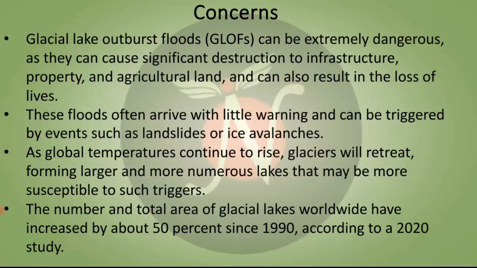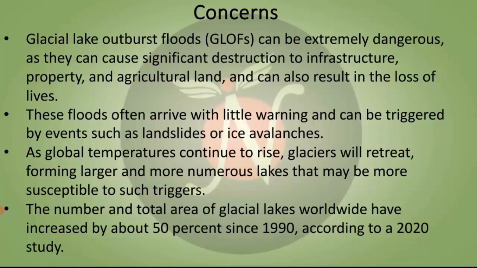Now, what are the concerns? Glacial lake outburst floods can be extremely dangerous as they can cause significant destruction to infrastructure, property and agricultural land, and can also result in loss of lives. These floods often arrive with little warning and can be triggered by events such as landslides and ice avalanches.